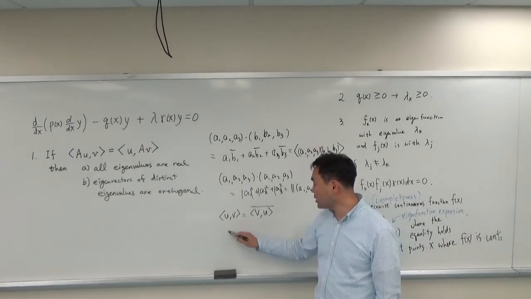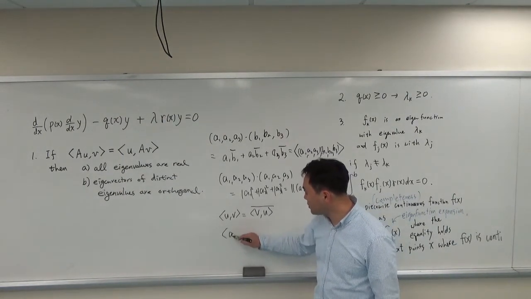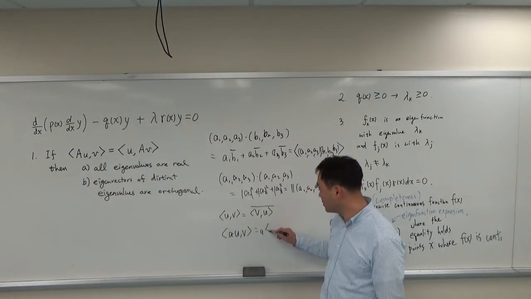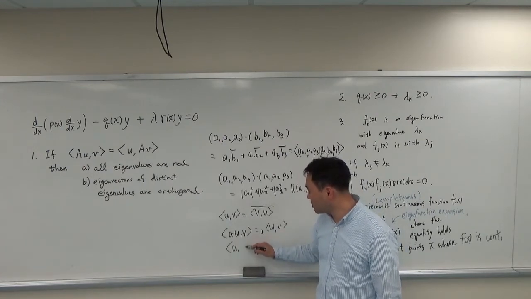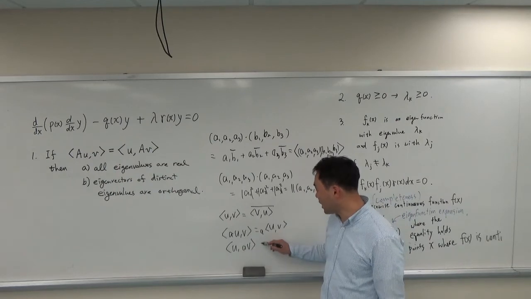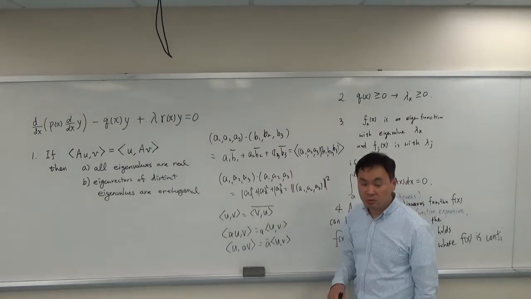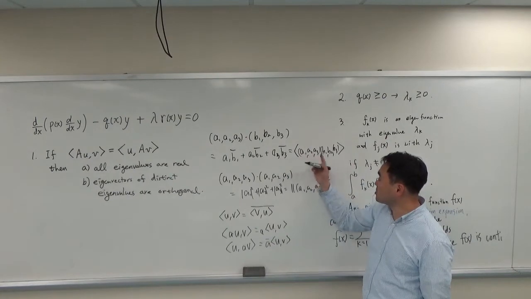And also, if you have some a times u, it will be linear in the first component. But if you have a number here, a v, then a will come out as an a bar. So that's what's going to happen. So sometimes we call this Hermitian inner product.